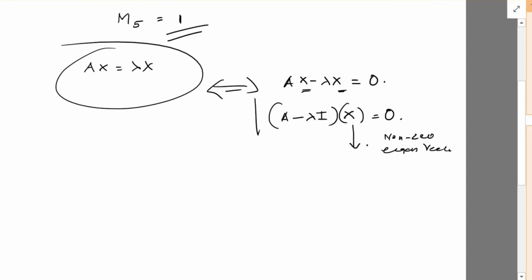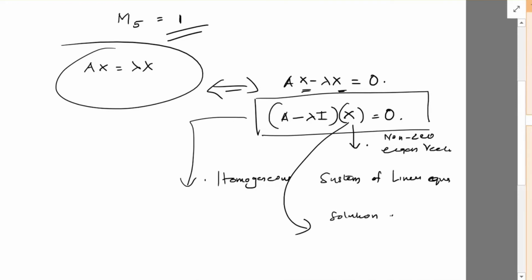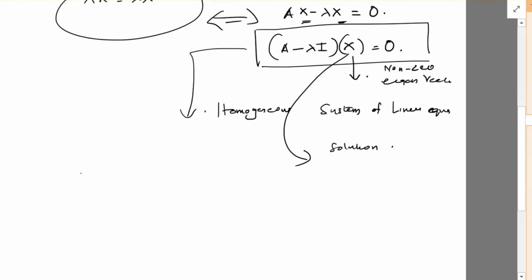So actually this (A minus lambda I) x equal to 0 is nothing but a homogeneous system of linear equations, and this x will be the solution vector. So to find the eigenvector, we find the solution of the homogeneous system.